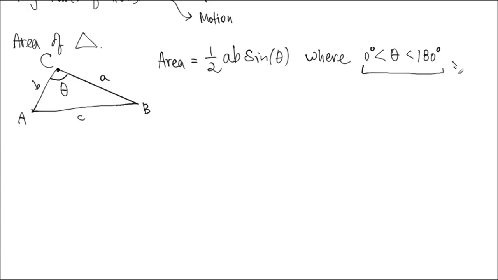In the first and second quadrants, the sine value remains positive all the time, right? So we expect the area to be a positive value. That makes sense. Sine appears there in its raw form, and it's always positive as long as your angle remains between 0 and 180 degrees. Can you make sense of this formula? Making this angle bigger than 90 degrees, and this whole thing remains positive.